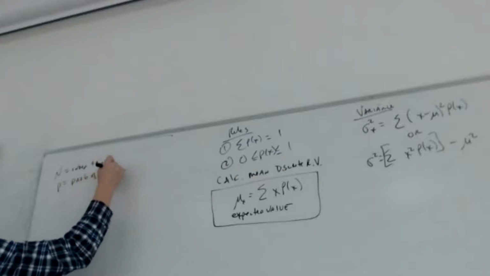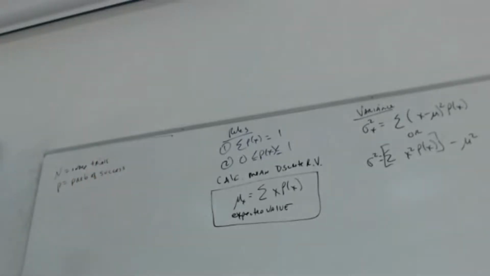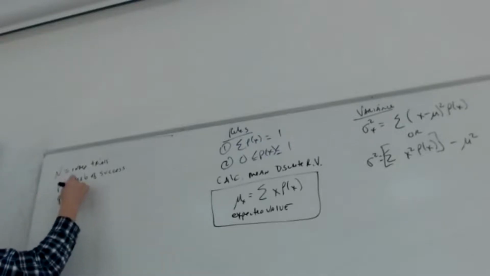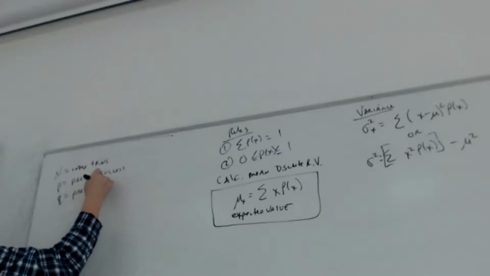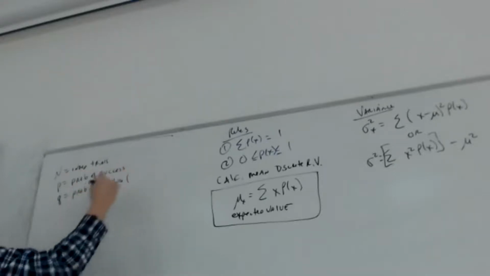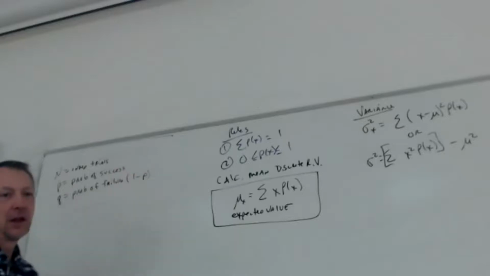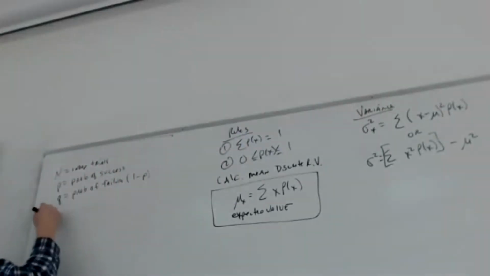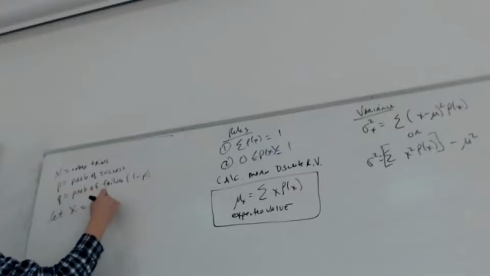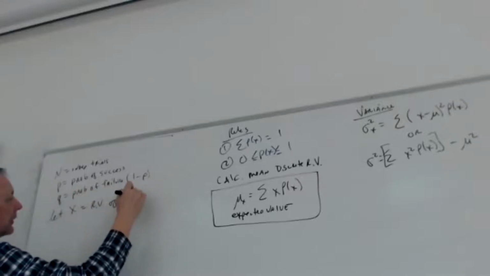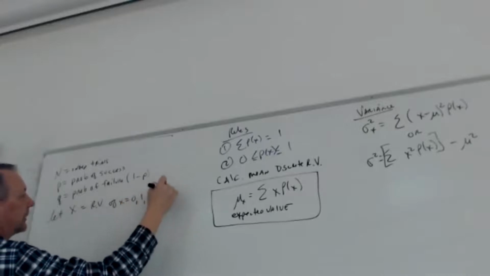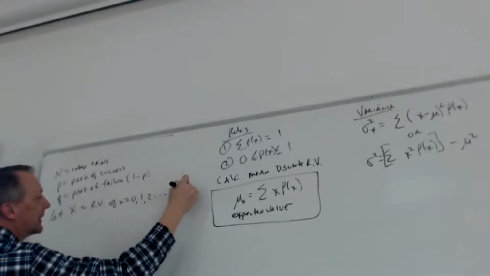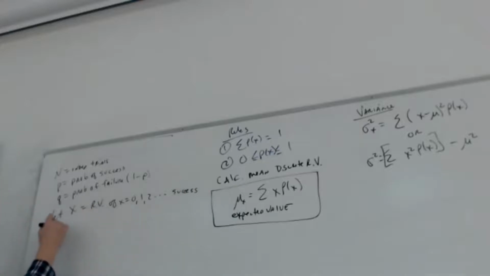One of the things you're going to find here, for some reason, statisticians love the letter P. I like to say that Q equals your probability of failure, which with the complement rule is simply 1 minus P. And we're going to let capital X equal your random variable of X equals 0, 1, 2, etc. successes, which is going to be less than or equal to n.